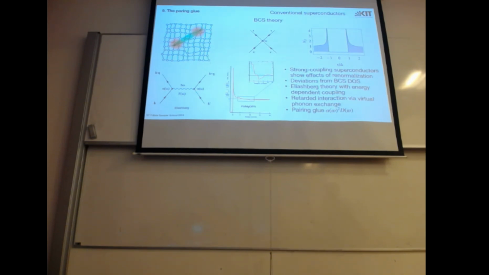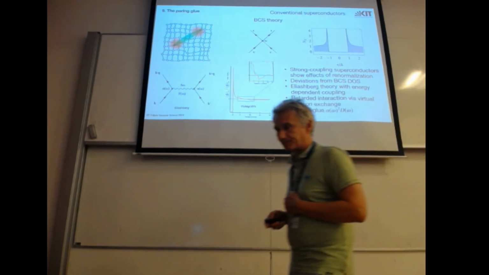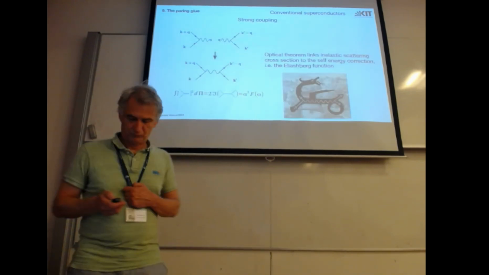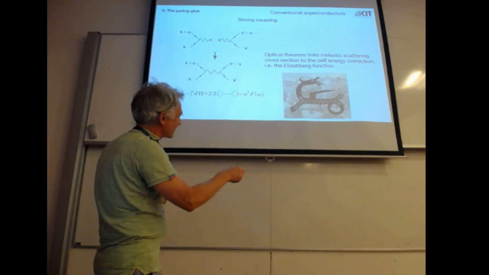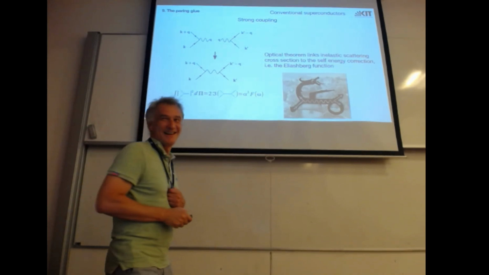In this Eliashberg picture, we can formulate a function which describes the interaction of electrons via virtual phonon exchange. This is the matrix element squared times the density of phonons. This is the thing that drives superconductivity. Okay, there's a certain resemblance here.